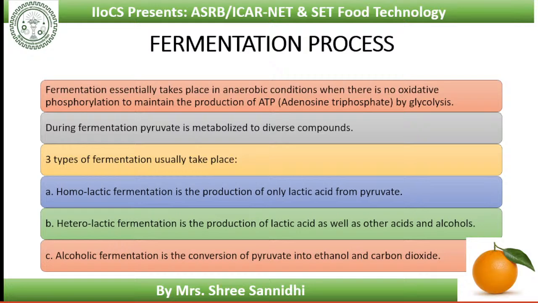The second type is heterolactic fermentation, where you see the production of lactic acid as well as other acids and alcohol during the fermentation. And the third type is alcoholic fermentation, where pyruvate is converted mainly to ethanol and carbon dioxide.